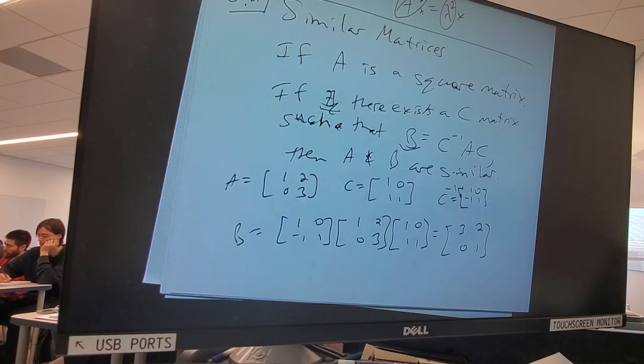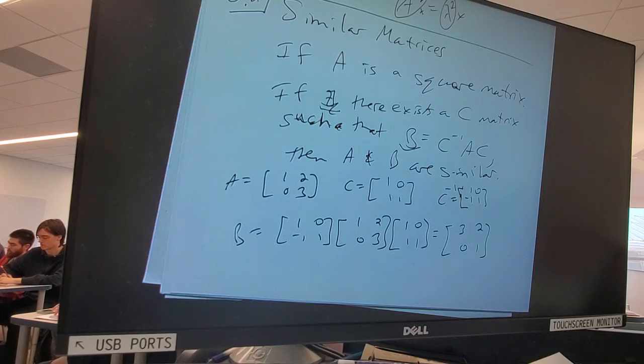Whatever this does along the x-axis, this does along the y-axis. This is like a perfect rotation. That's crazy. But it doesn't have to, so I just happened to pick one that ended up that way. Okay. So similar matrices are two matrices that are somehow connected to each other through this third matrix C.